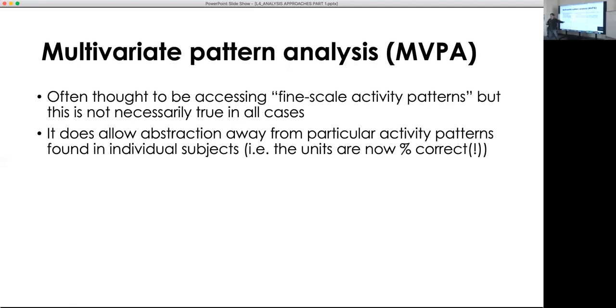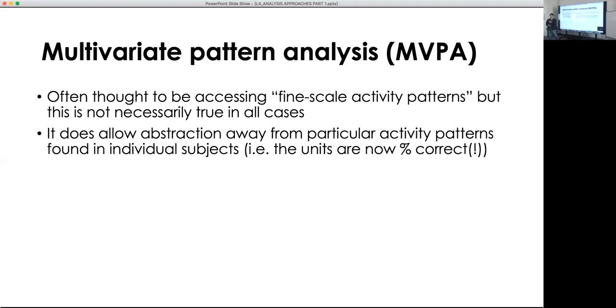Now you're reasoning about this new entity, % correct. That's an abstraction, because you're no longer talking about what is the bold response to experimental condition A or experimental condition B. It's like a number, like 3%, 4%. You're now talking about this % correct thing, and that's an abstraction that kind of hides the actual activity, the actual bold response.